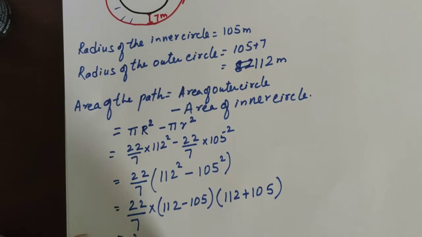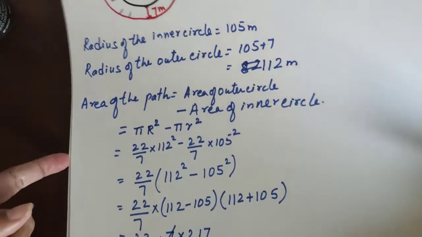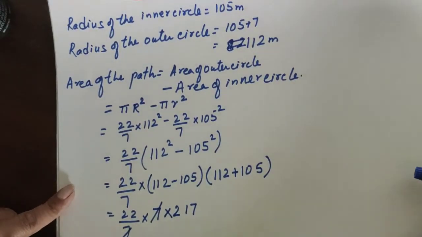Now 22 upon 7, 112 minus 105 should give you 7, and plus will give you 217. Yeah, so this gets cancelled. So 217 multiplied by 22.